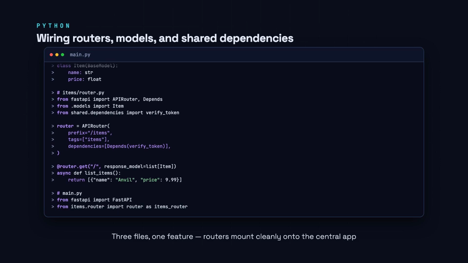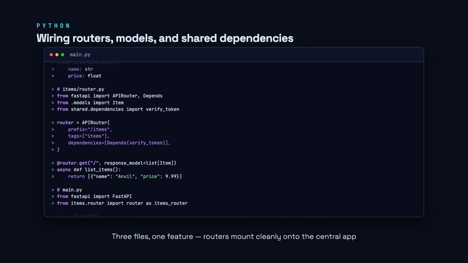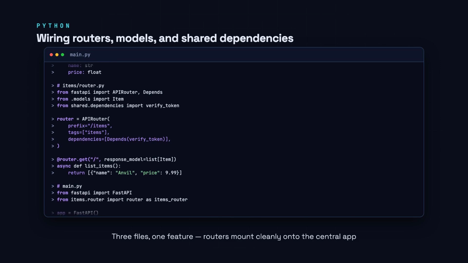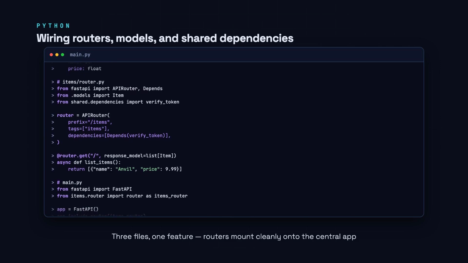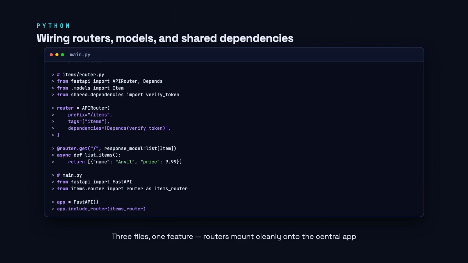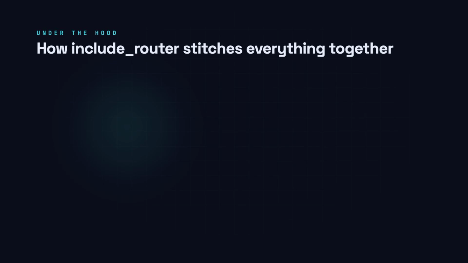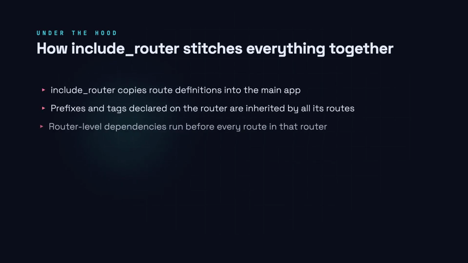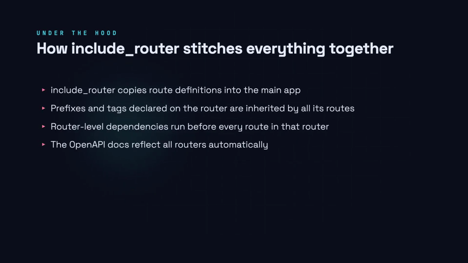Finally, in main.py, we create the FastAPI instance and call app.include_router, passing in the items router. That single call registers all of that router's routes onto the live app. When you call app.include_router, FastAPI walks through every route registered on that APIRouter and adds it to the main application's route table, prepending the router's prefix to each path.